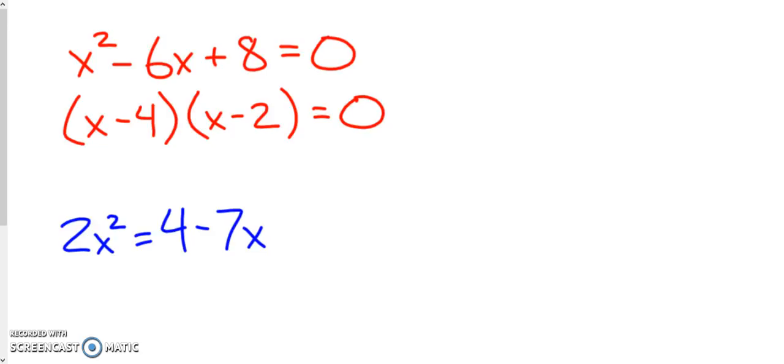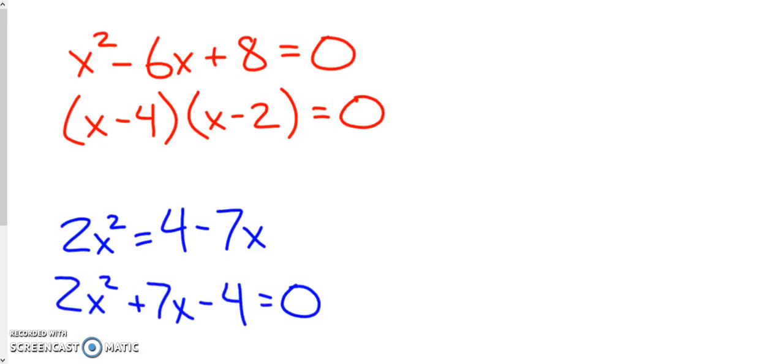The reason why I don't like to move the x squared is because I tend to mess up when I'm factoring when my leading coefficient is negative, so I try to avoid that like the plague. So while I'm moving more stuff, it tends to make my life easier, and so you do it the way you want, but you'll end up with the same thing. So anyway, you end up with what? 2x squared plus 7x minus 4 equals 0. So you subtract 4 and you add 7x to both sides.